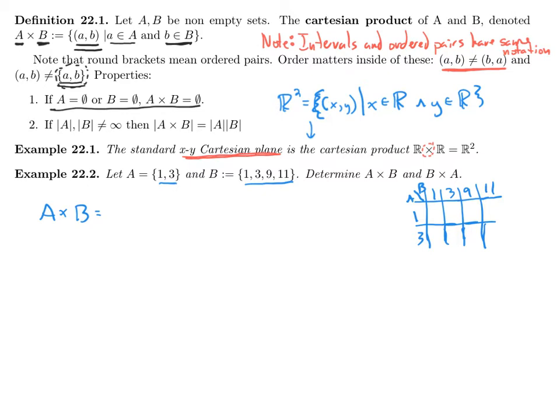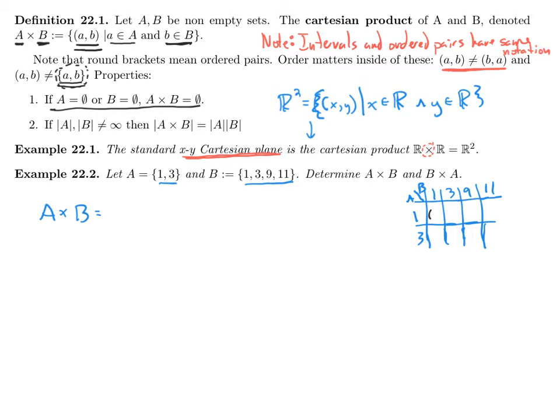And these elements are going to correspond to, the first element comes from A, since it's the first element of our Cartesian product, the left element. So in this cell, we're going to have (1, 1). In this cell, we're going to have (1, 3). This is going to have (1, 9).